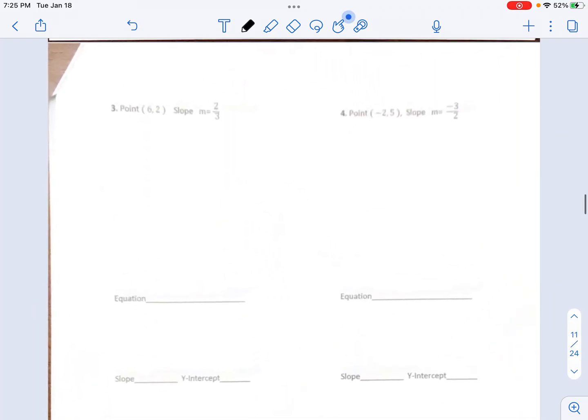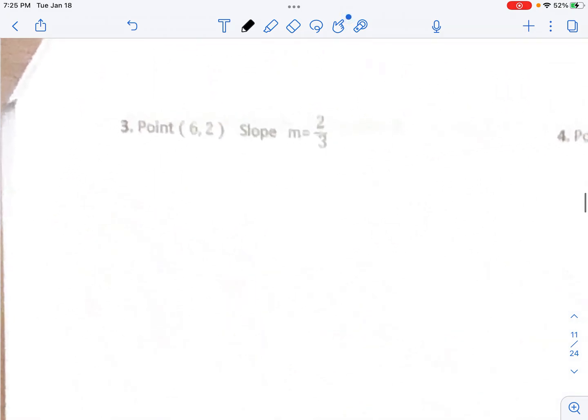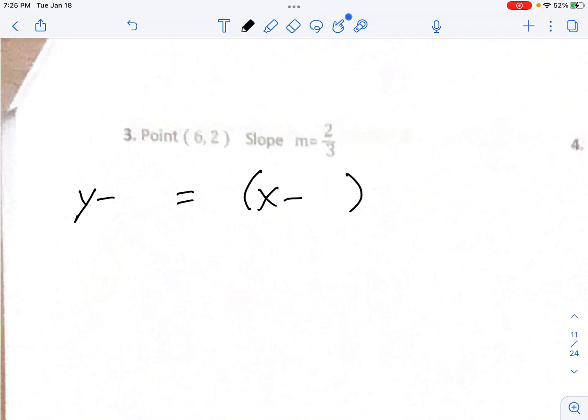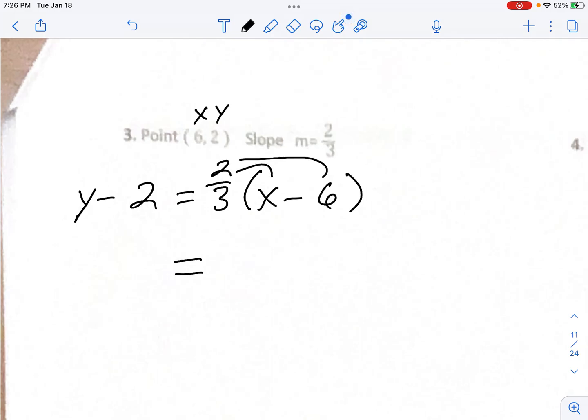Next page. So again, you need the point slope setup. And the saying goes like this: x by the x, y by the y, slope in the middle. Okay? Then distribute.